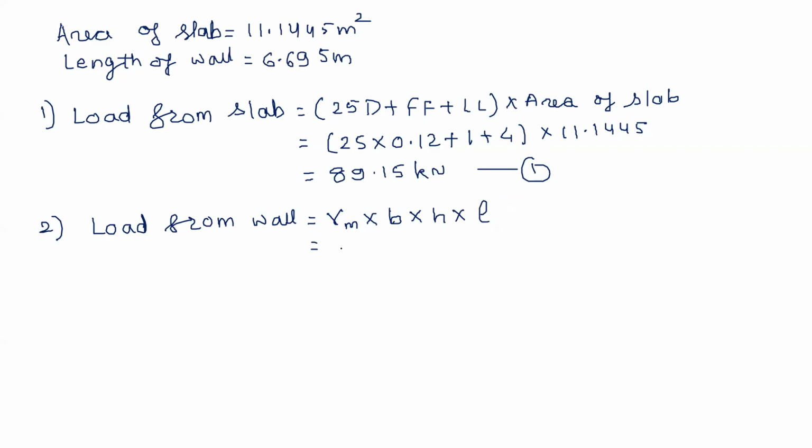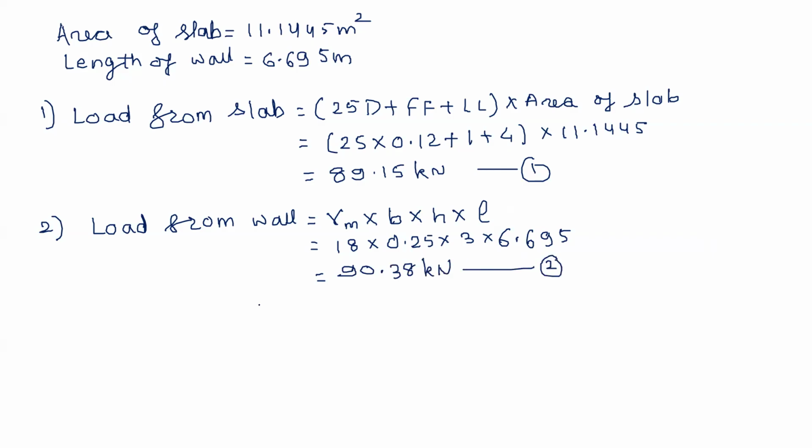Now these values are given: 18 into thickness of wall 0.25, height of wall 3, and length of wall 6.695. Then we will get the total load from wall as 90.38 kilonewtons. This is number two.